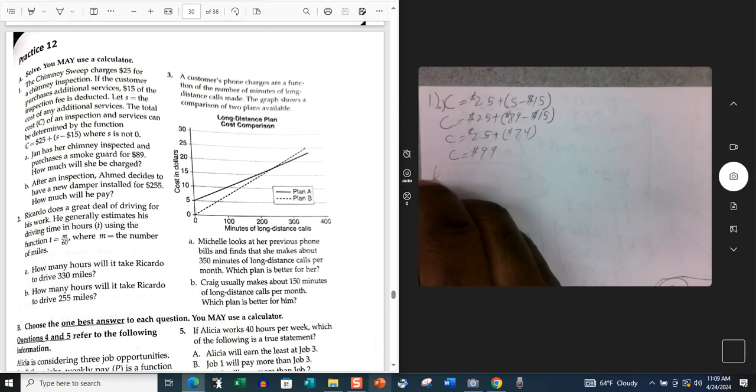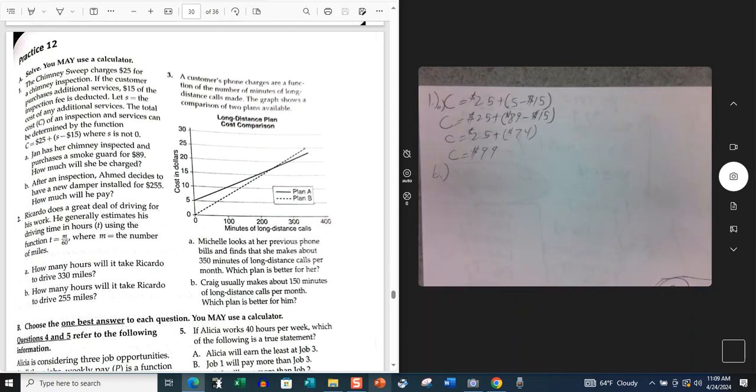Now we go to B. It says after an inspection, Ahmad decides to have a new damper installed for $255. How much will he pay?